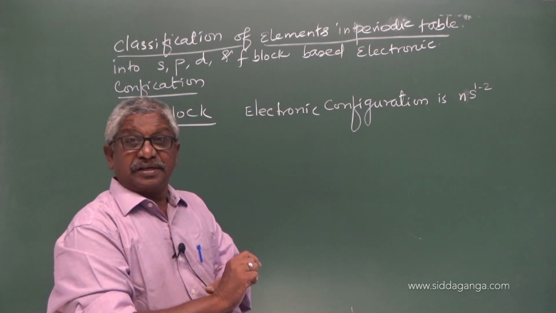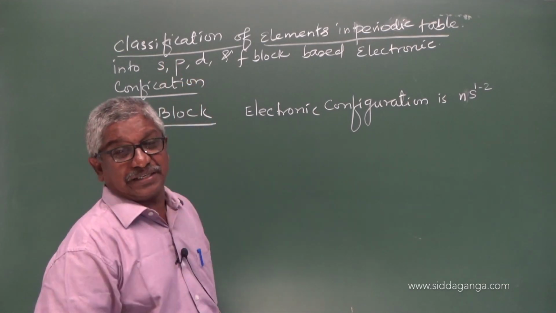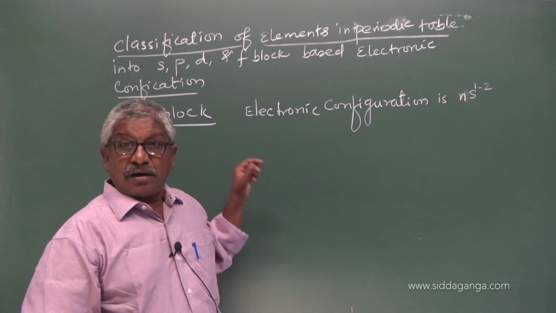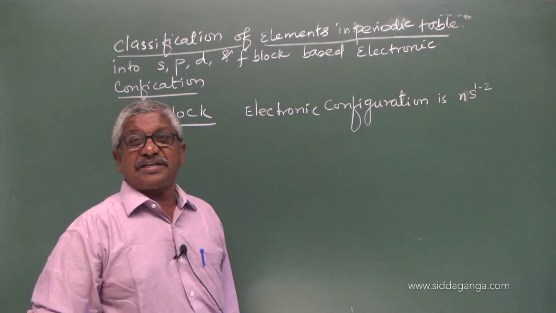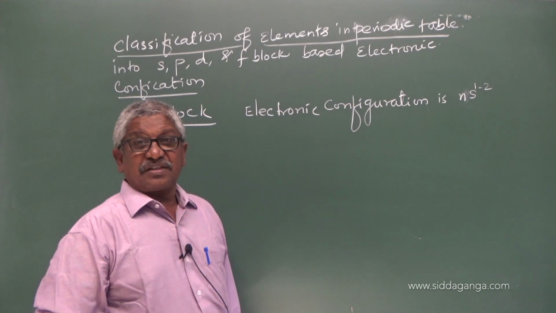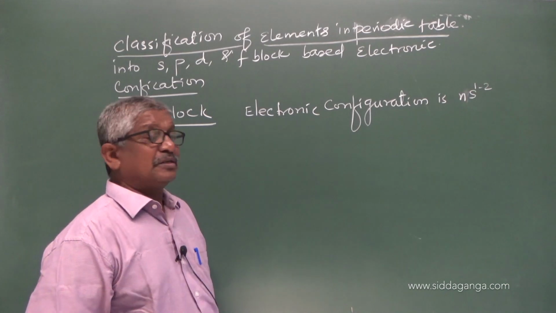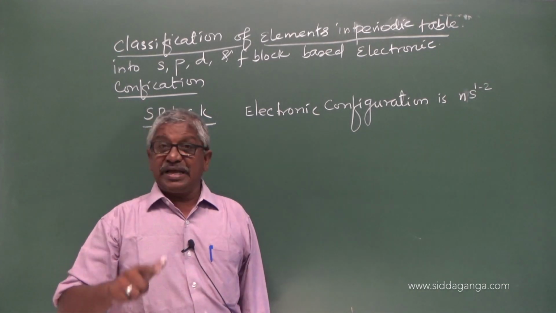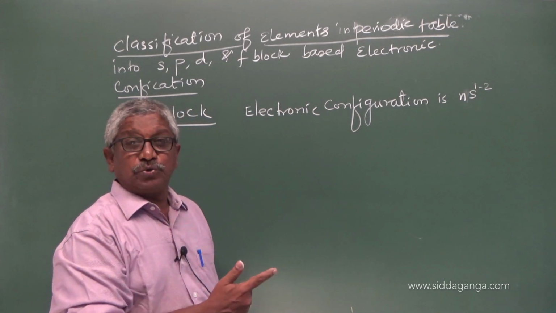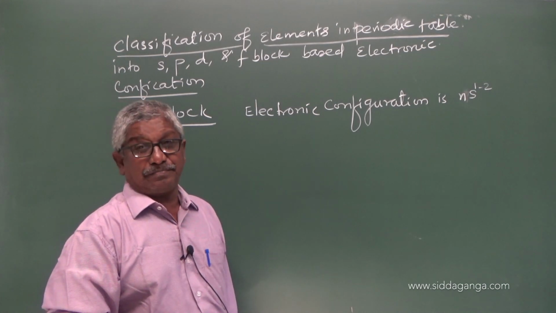If it is ns1, it indicates the first group elements. All the elements of a group are called a family, so the first group is called the alkali family. Suppose the last electron is filled in ns2, then it is the second group elements in the periodic table.